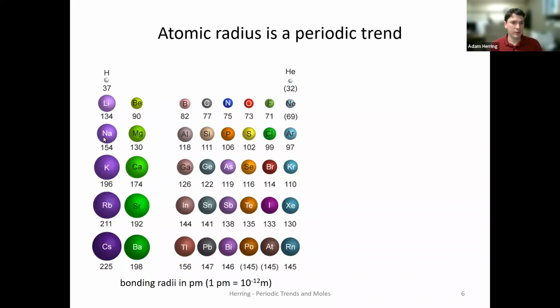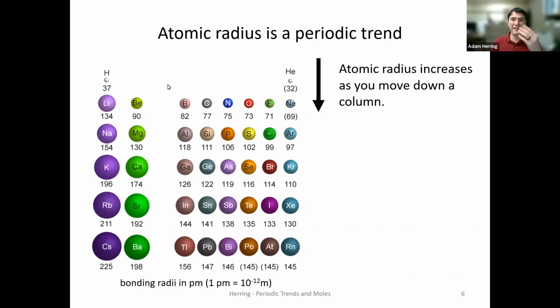And what you can see is that there's a trend going vertically as well as horizontally. When we go down a column, down a family, we see that the atomic radius always increases. Now, the amount that it increases by does not stay the same, but we do see that it increases as we go down a column.